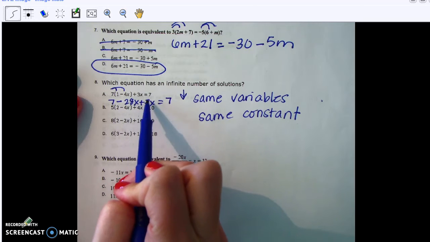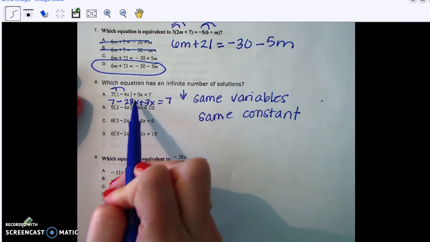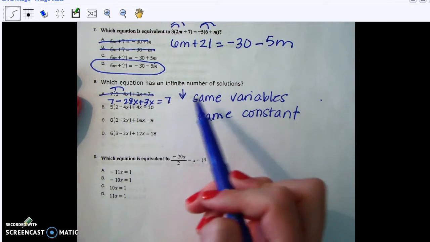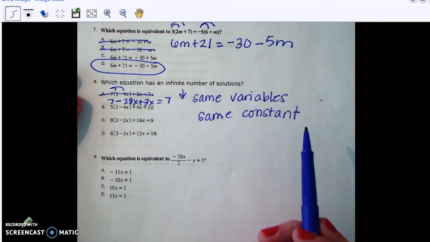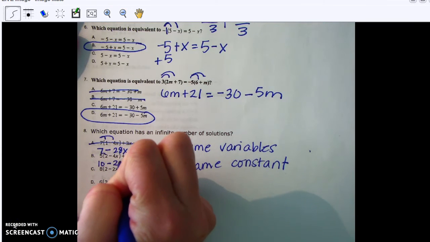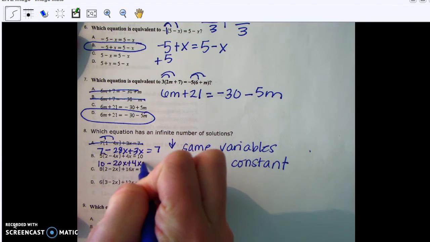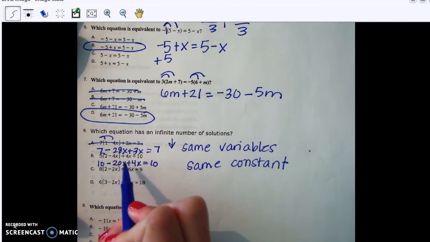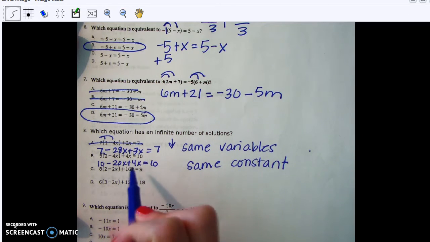There are 25 x's on this side, 0 x's on this side. So that can't be infinite solutions. It's not the same variables on both sides. I have 10 minus 20x plus 4x equals 10. Again, I have negative 16 x's on this side, none on this side, so that can't be it.